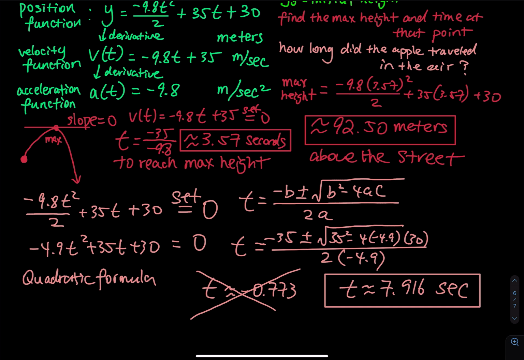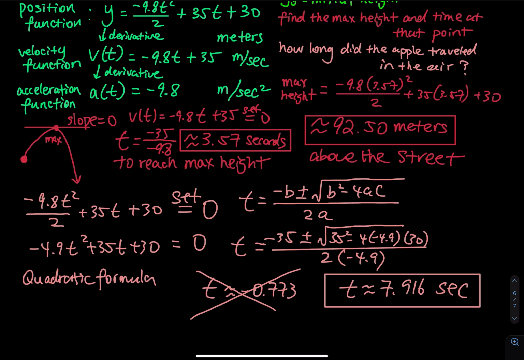Another way to find this quickly is to use the Desmos graphing app. You graph negative 4.9t squared plus 35t plus 30, and it will show you the parabola. Then you graph y equals 0, and it will tell you the two intersections. One is here and one is there.